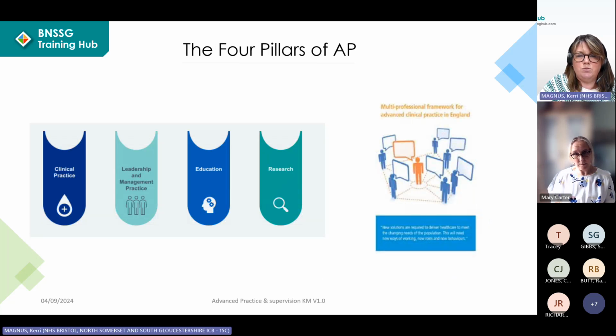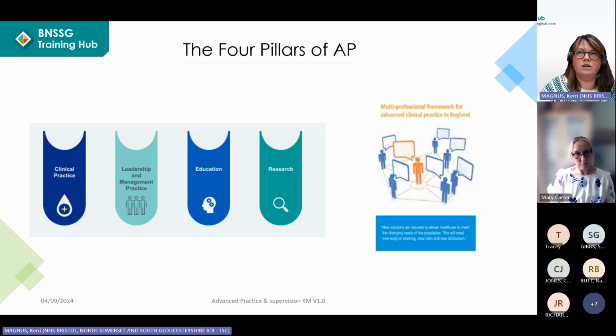When we talk about advanced practice, it is a level of practice, and generally individuals need to understand that what they're trying to do is work at a level where they can demonstrate these 4 pillars of advanced practice, which are clinical practice, leadership and management, education and research.